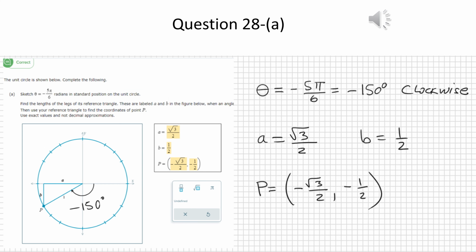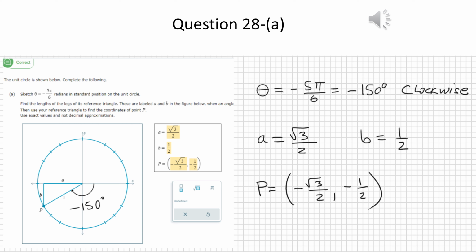Okay, now the angle is negative 5 pi over 6. It is in the clockwise direction. It is more than 90 degrees, therefore it lies in the third quadrant. The component of the length of this segment A and B is radical 3/2 because it's similar to the cosine.